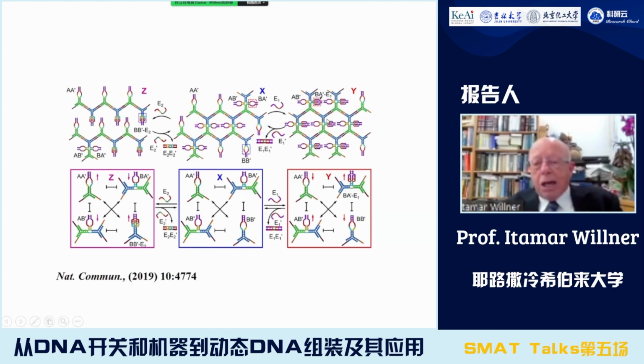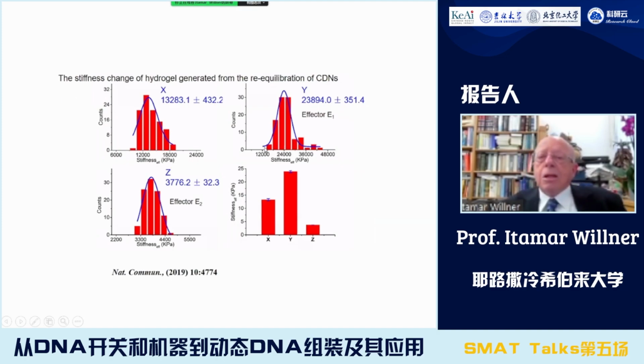E1 should make a higher stiffness, and E2 a lower stiffness. And if we apply counter triggers, we certainly can switch the reversible stiffness properties of these hydrogels. This is what happens exactly in the experiment.